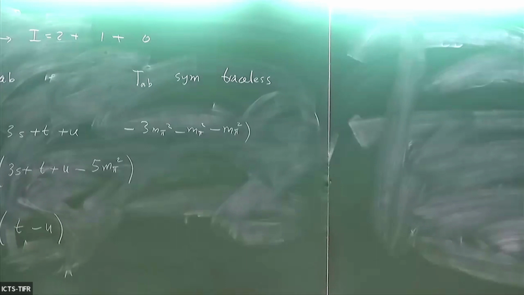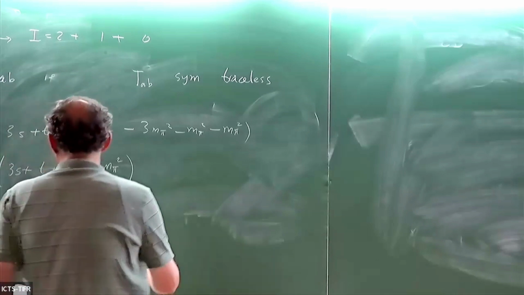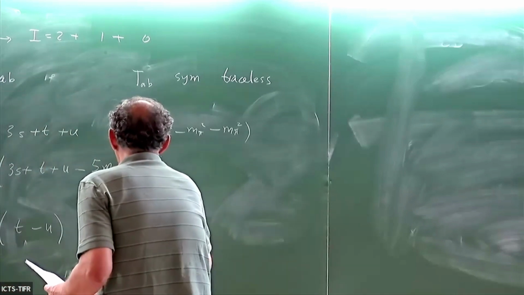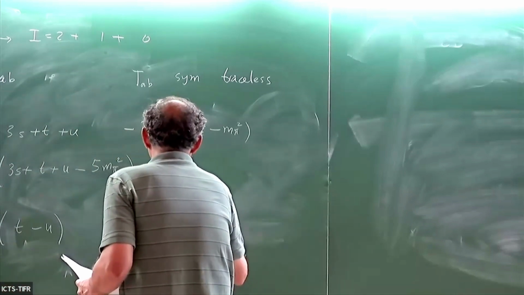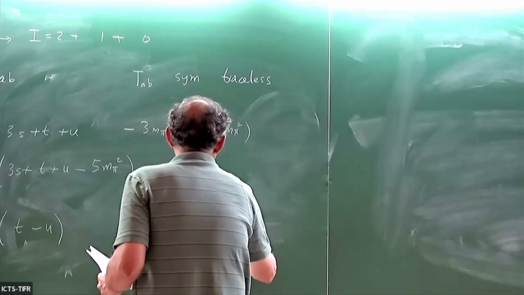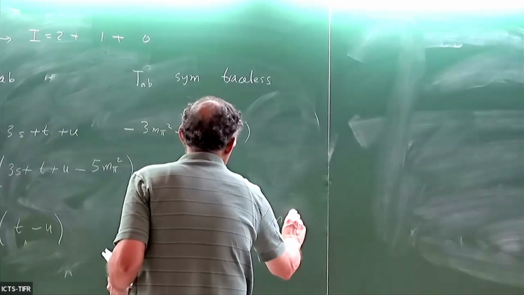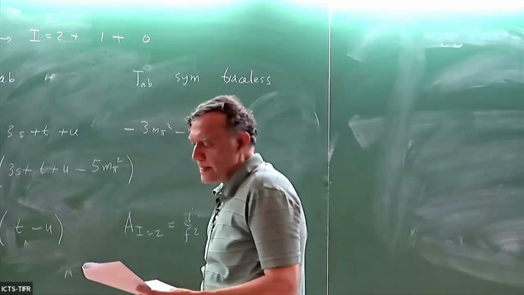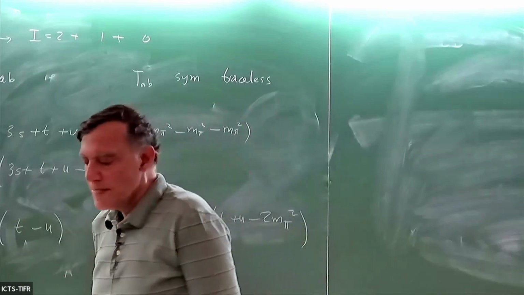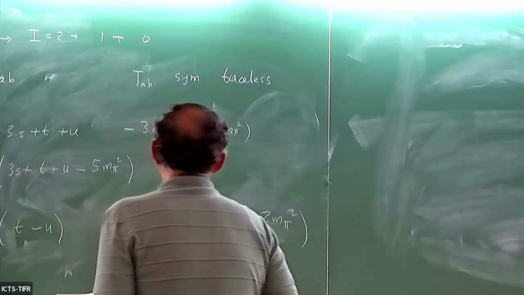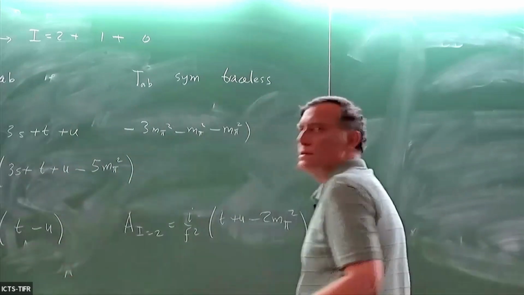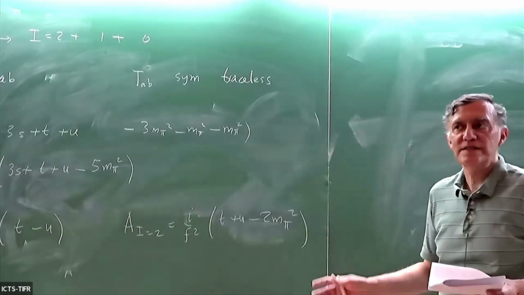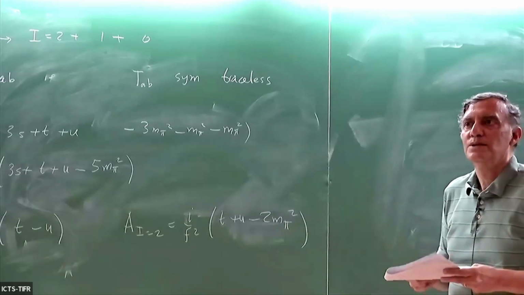But now these two pieces have the same sign. And so the isospin 2 amplitude is i over f squared times t plus u minus 2m pi squared. So these are the pi scattering amplitudes in the different channels. Okay, hopefully these agree with what is written down.